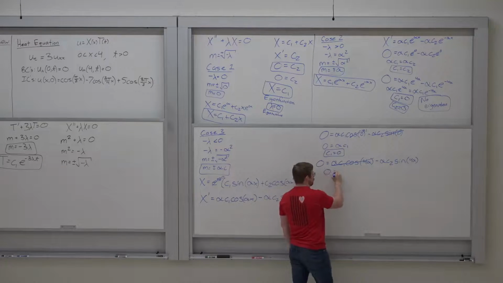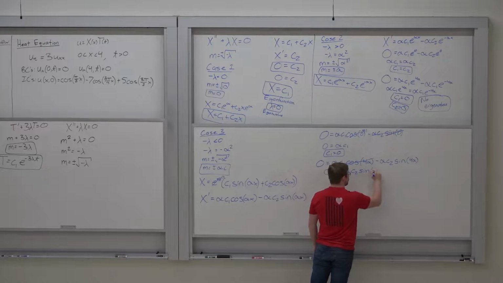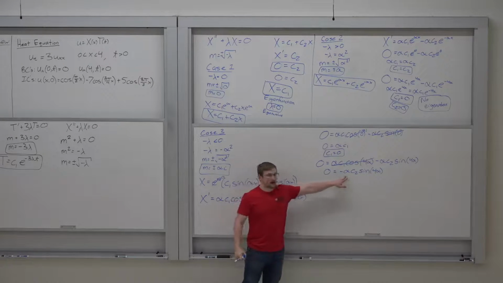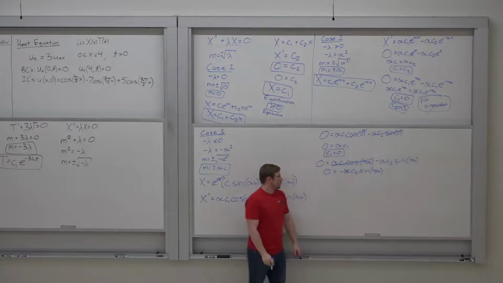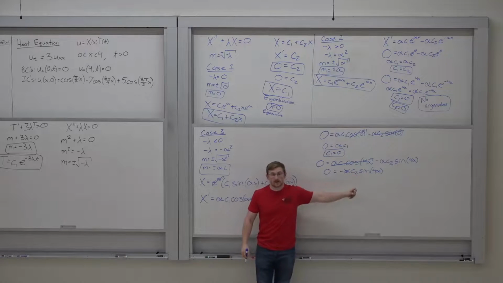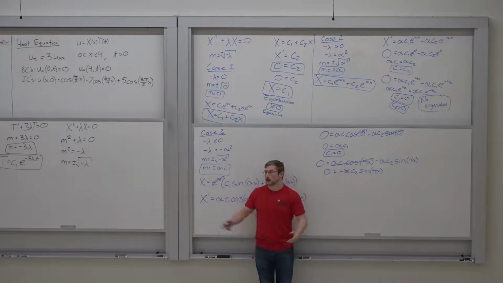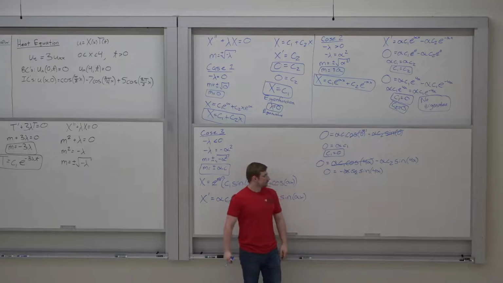So I'm left with 0 is equal to negative alpha C2 sine of 4 alpha. Now I know that alpha can't be 0, so I can drop that out, because that can't make the equation true. I really don't want C2 to be 0, because if C2 is 0 and C1 is 0, I have a trivial solution again, and I figure out nothing. So I'm going to say, well, that can't be 0.